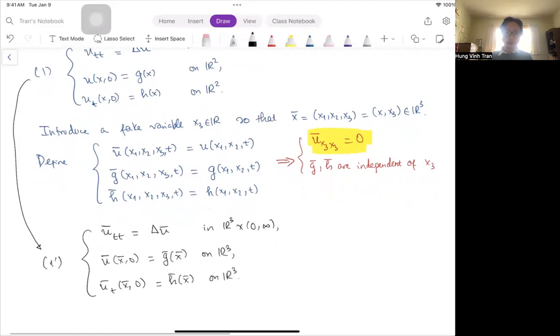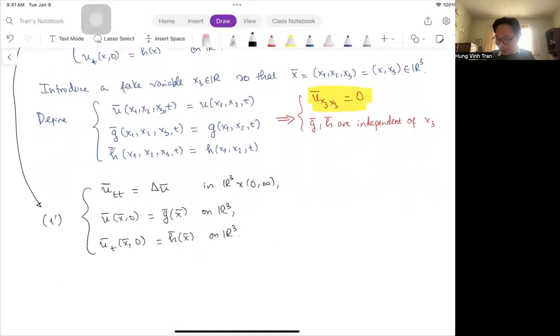Again, everything looks the same, but I need to explain this here. This Laplacian of u bar: again, I lift the problem one more dimension, from 2D to 3D. So the Laplacian of u bar of x bar, t equals u bar at x1, x1 plus u bar at x2, x2 plus u bar at x3, x3.